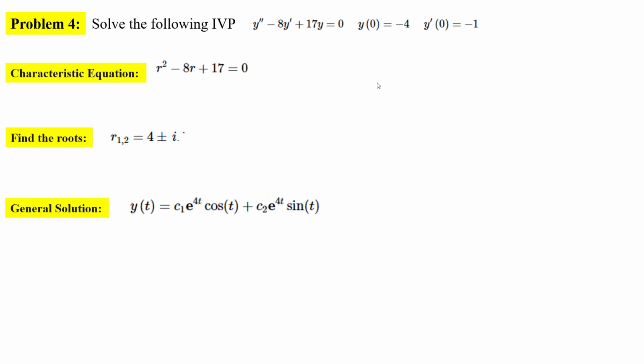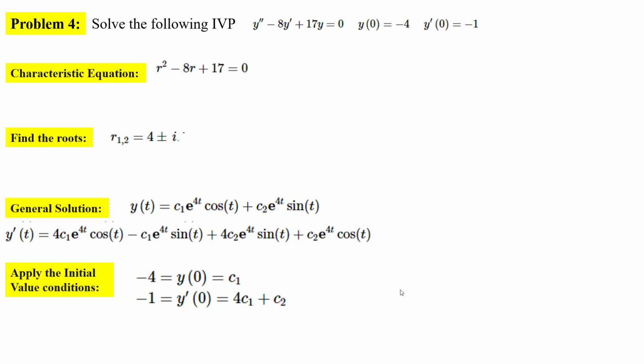You memorize your formula. So the general solution is c sub 1 e to the lambda t cosine of mu t, where mu is 1 in this case, plus c sub 2 e to the 4t sine of mu t. Okay, and then the derivative is this. This one is a little bit more complex because the derivative is a product rule.